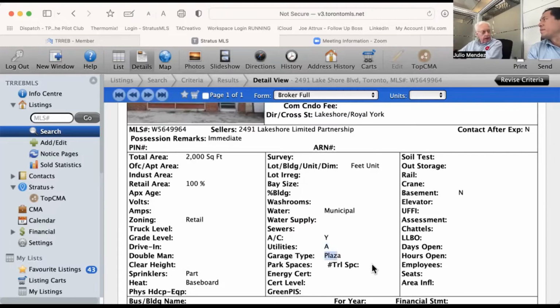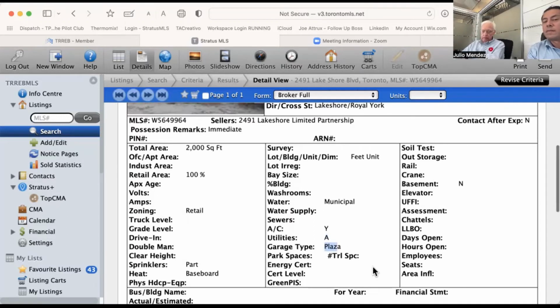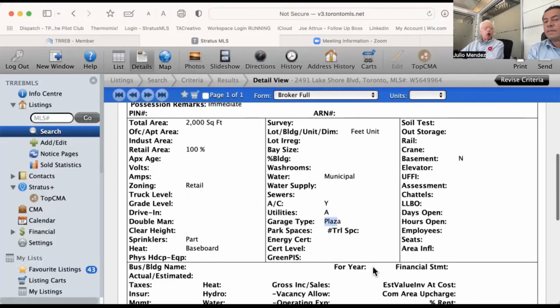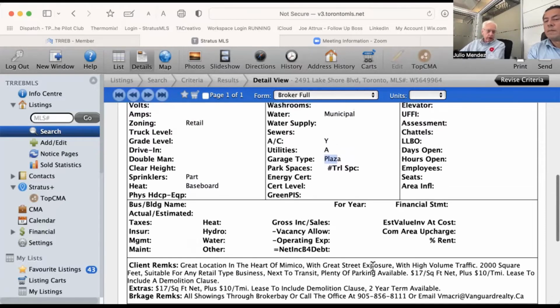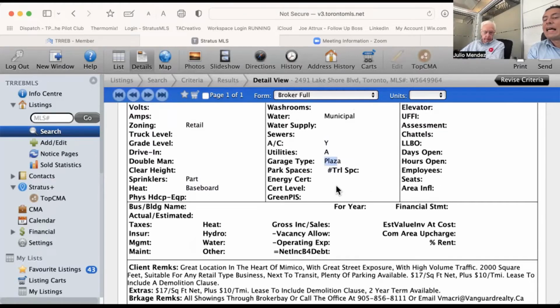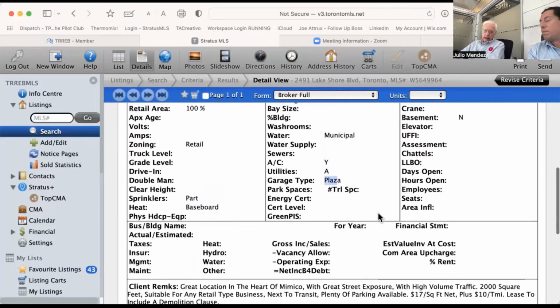We also had parking in the back. And one of the problems is if you're a retail commercial tenant, there should be parking provided usually in the back of the building for the tenant, and then people coming to that retail commercial shop would have parking in the front. So they only said plaza, which means probably not.